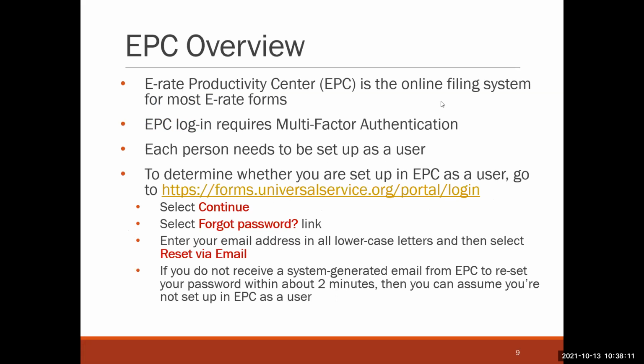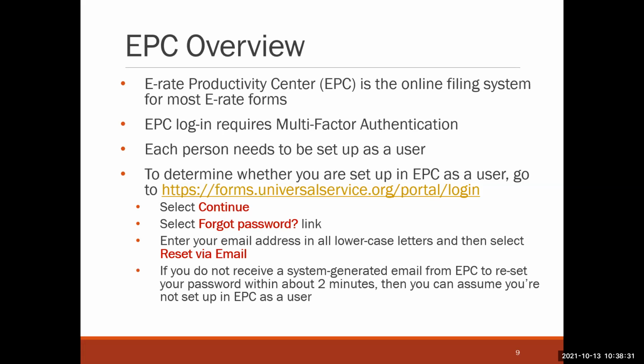So the portal is nicknamed EPC or EPIC, or E-Rate Productivity Center. So you've got a user ID, which is your email address, and you've got to create a password, but there's now a multi-factor authentication or MFA.